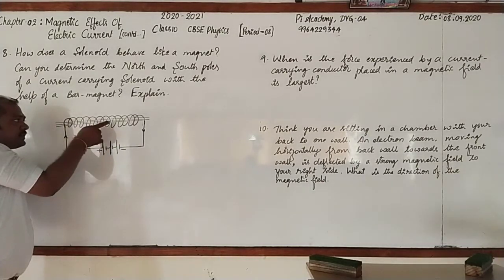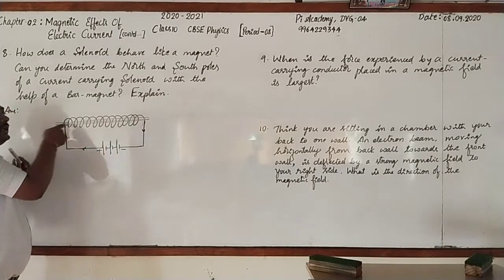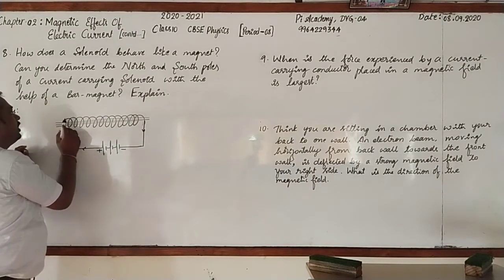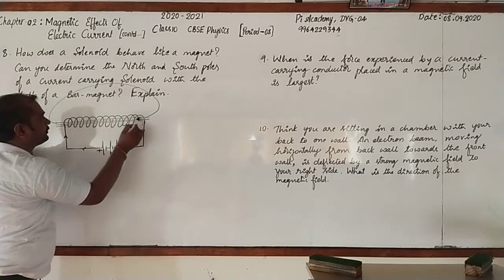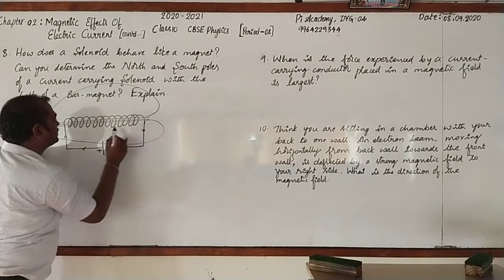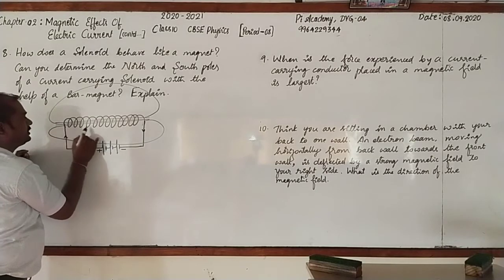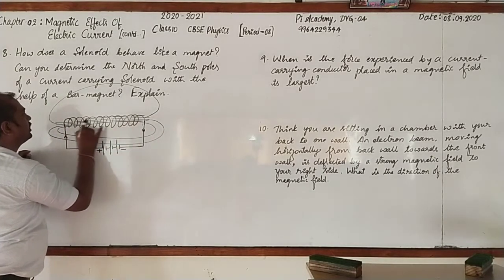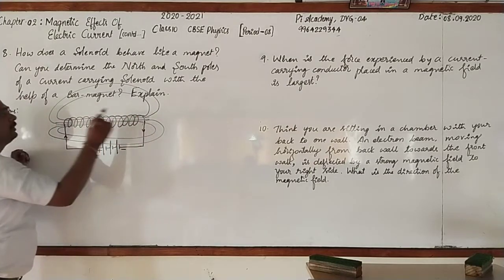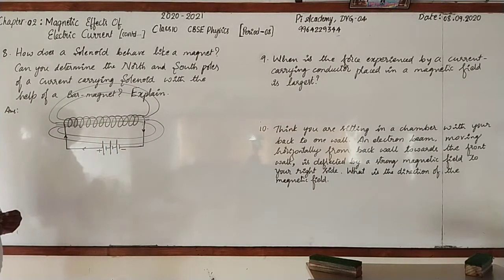And as the lines of force inside the solenoid are straight and parallel, and outside it is like the pattern around the bar magnet, therefore we can say that a solenoid carrying current behaves like a bar magnet. Hope that you have understood.